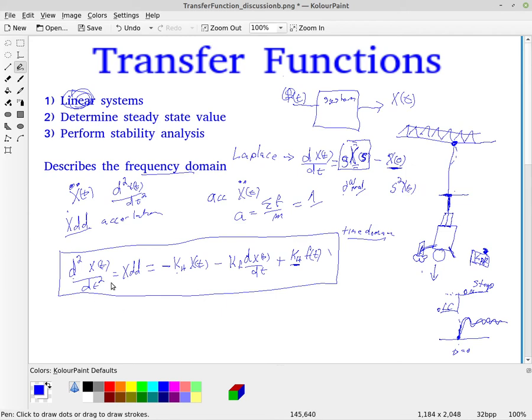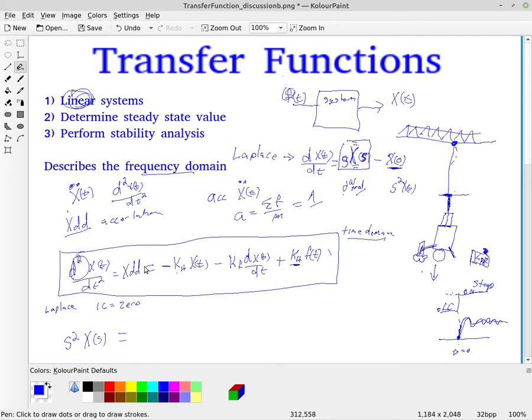So what I'm going to do in this equation now is apply the Laplace transform. Again, we're assuming all initial conditions are 0. This is a second derivative, so this gives us s squared times X of s.